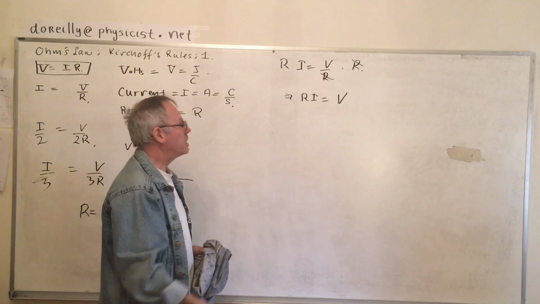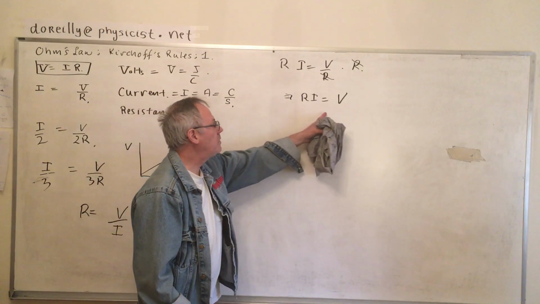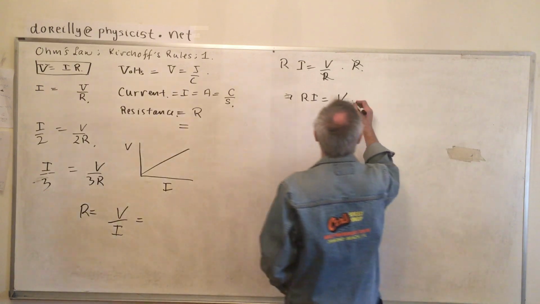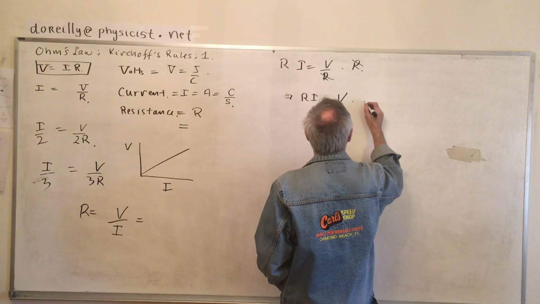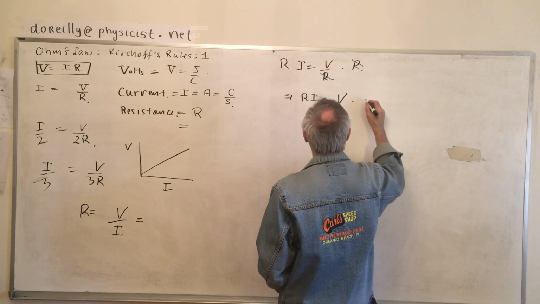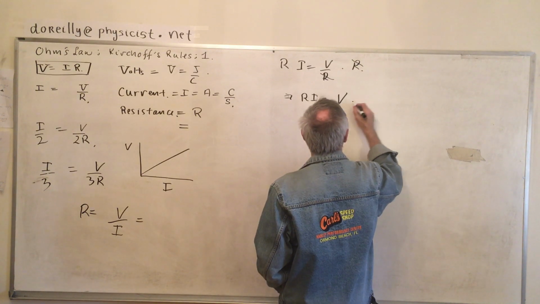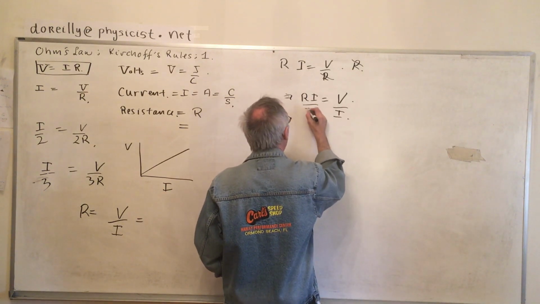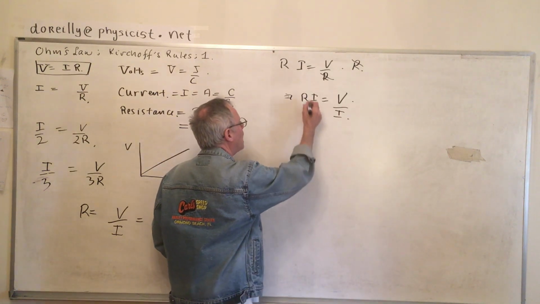Multiply by reciprocals to solve for things. RI equals V, or V equals IR. Take the same equation. Let's see which one we want. Divide both sides by I. These cancel.